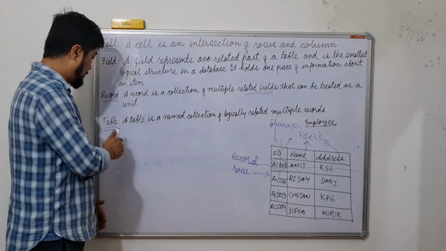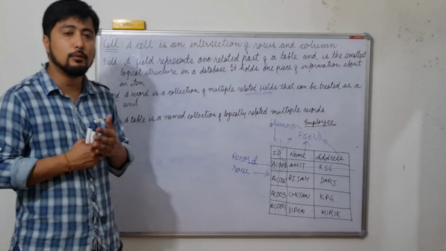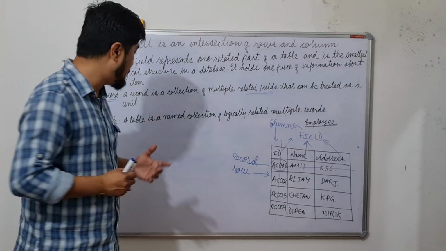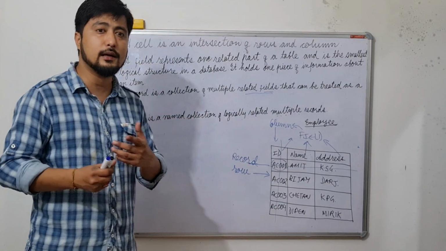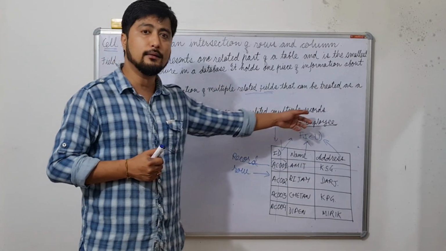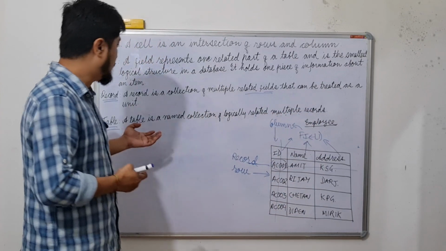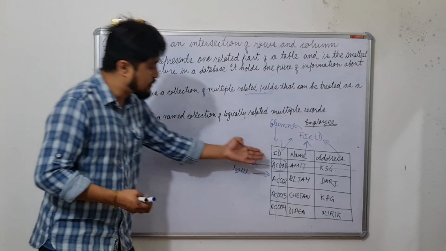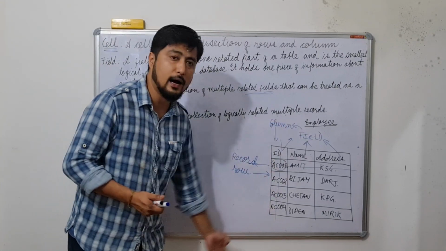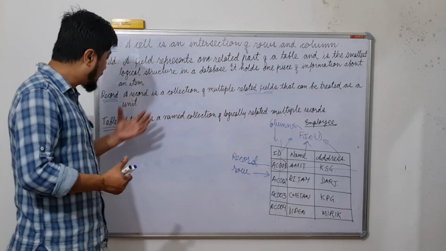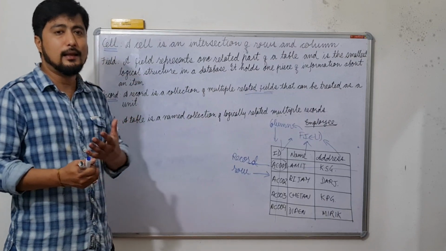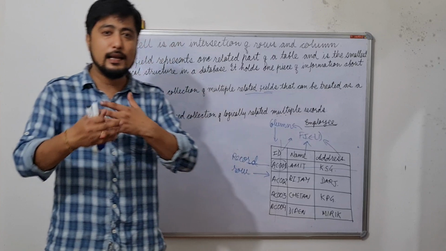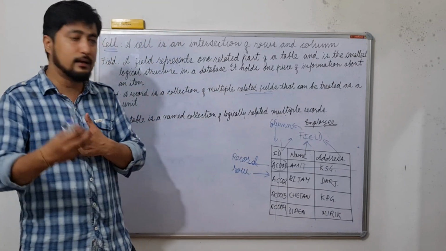Okay, right? So now next is table. So what is this table? A table is a named collection of logically related multiple records. How many records are there? There are 4 different records. And again, we can call this table a collection of interrelated rows and columns.